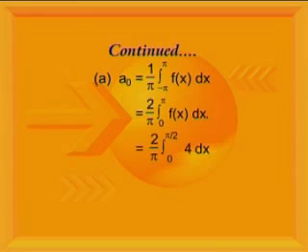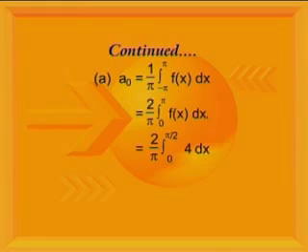And f(x) is equal to 4 between minus pi by 2 to pi by 2. So it is 4 from 0 to pi by 2 and 0 from pi by 2 to pi. The integral over pi by 2 to pi will be 0 because the value of the function is 0.